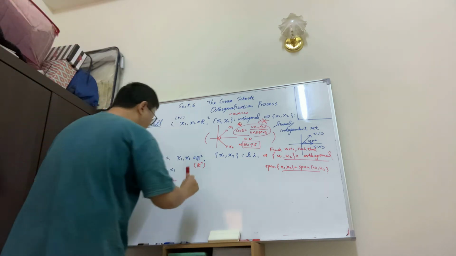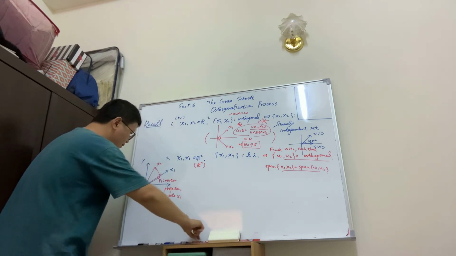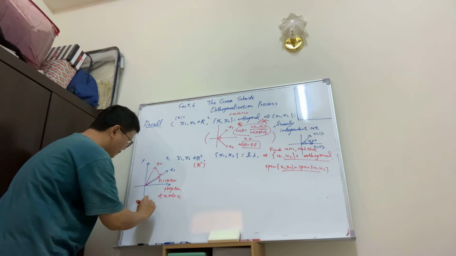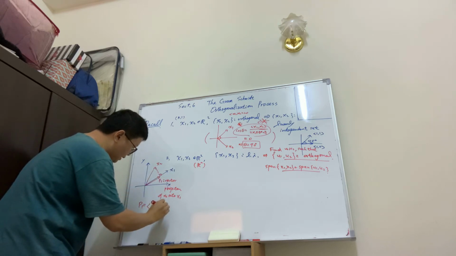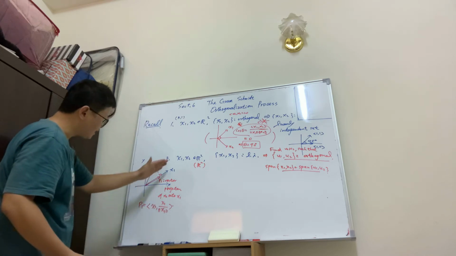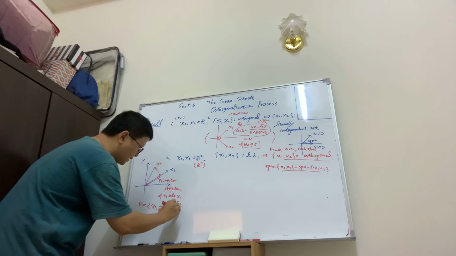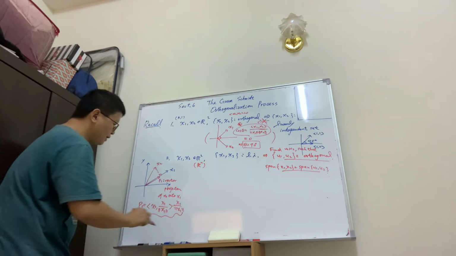Now, we know that the formula for P1 is P1 equals (x2 · x1) divided by the length of x1, and P1 has the same direction as x1, so we multiply by x1, but we should divide by its length. So this is the projection P1.